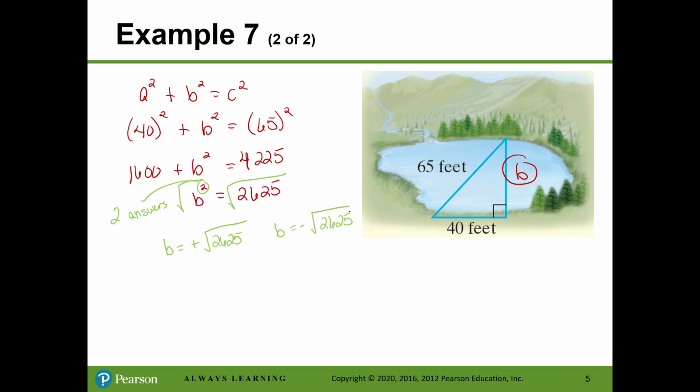And which answer do I take? Do I take the positive answer or do I take the negative answer? Excellent. You take the positive answer because this is a length. And length is always positive. I'm going to write it over the trees. I don't think the word positive came out well, but length is always a positive answer.